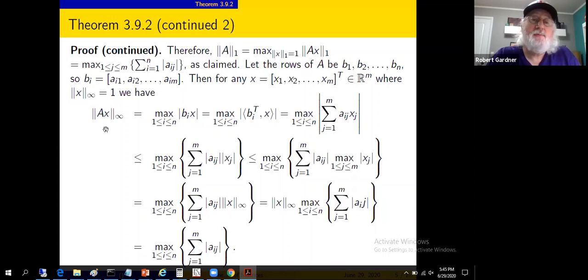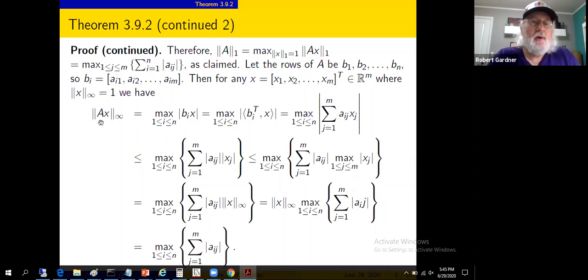We're going to choose a special unit vector x on the next slide and show that for that special unit vector x, this L infinity norm actually equals this quantity, this maximum thing, establishing equality as we did in the first one. We'll have then the infinity matrix norm of A equals some maximum formula.